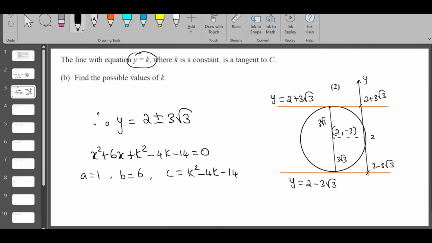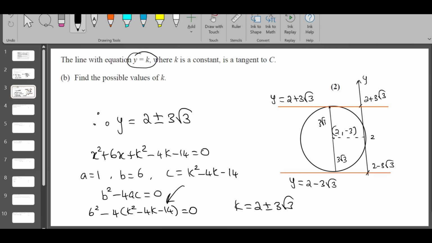Since these are tangent, the condition is b squared minus 4ac equals 0, right? Solve for k, and you are going to get 2 plus or minus 3 root 3, because it's a quadratic equation. That's another way actually. But since it's just a 2-mark question, you don't need to do all this work. You can just write the answer straight away.